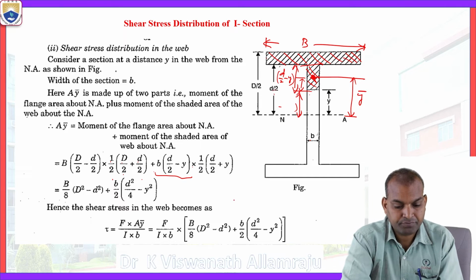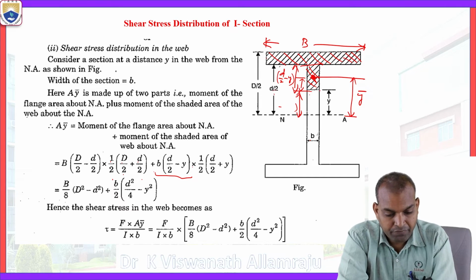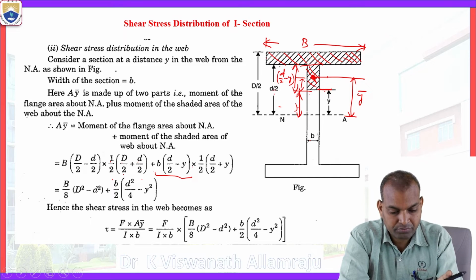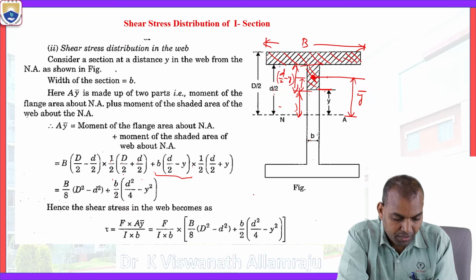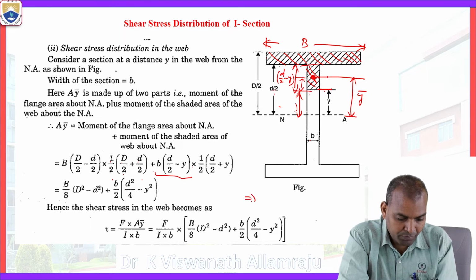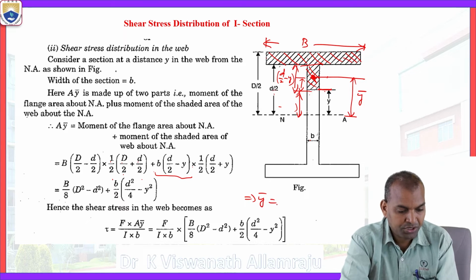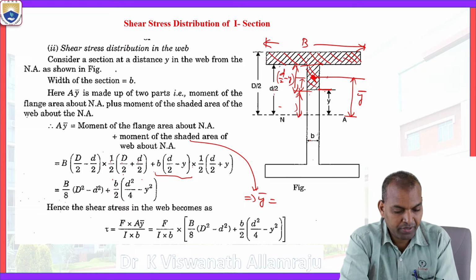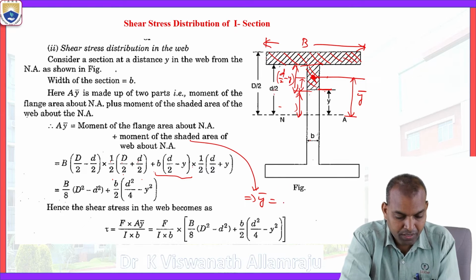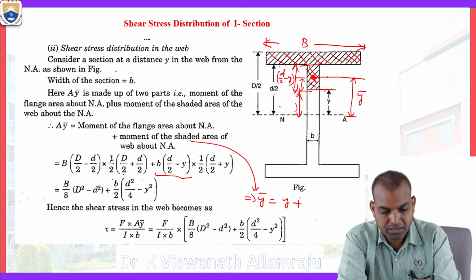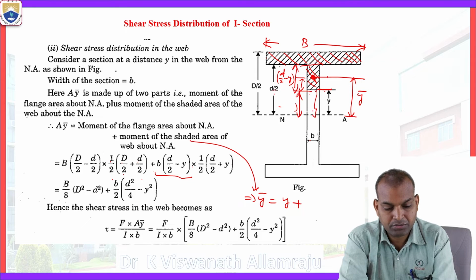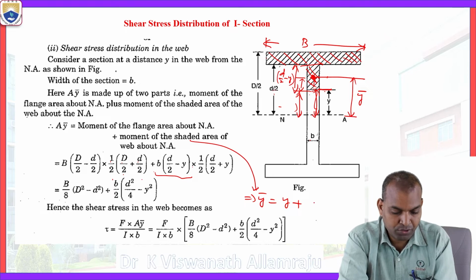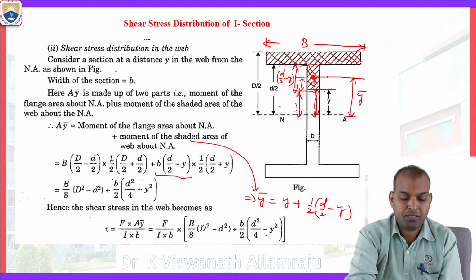The y bar of the shaded area of the web comes to y plus half of (d by 2 minus y).